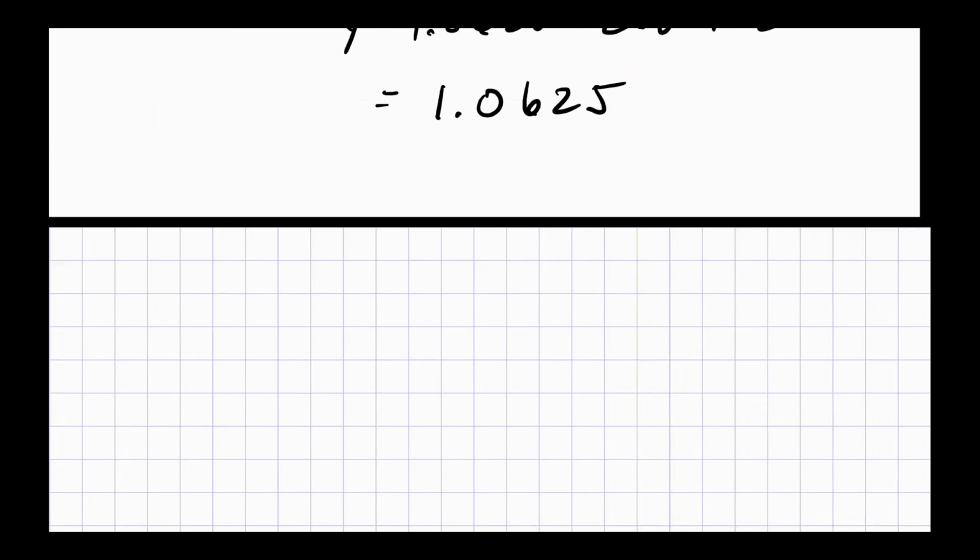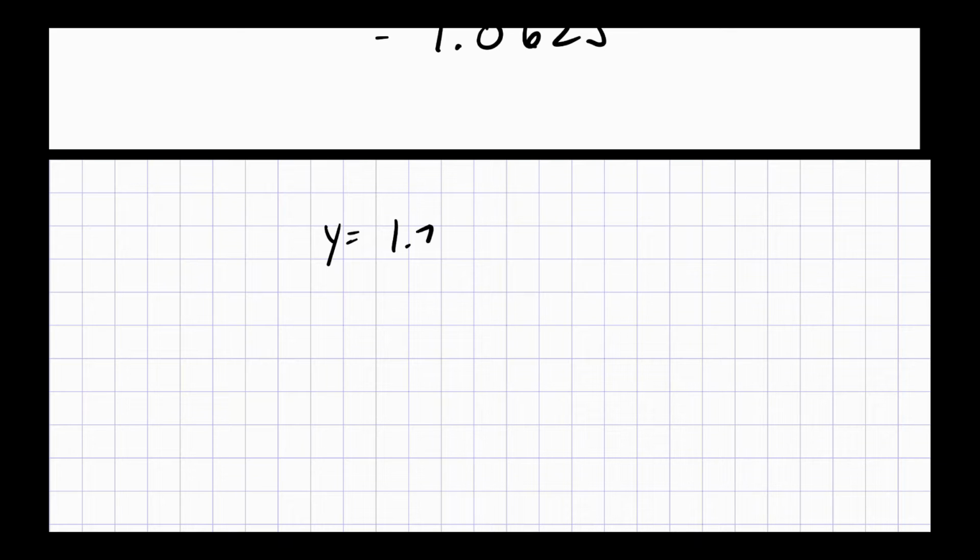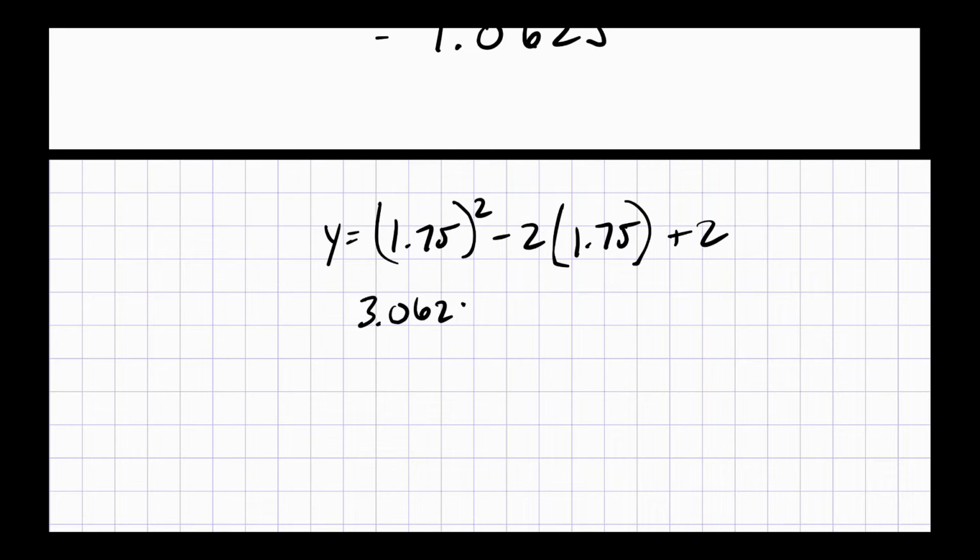I'm going to do the same thing, but now for 1.75. 1.75 to the second power is 3.0625. 2 times 1.75 is 3.5 plus 2. So 3.0625 minus 3.5 plus 2 is 1.5625.